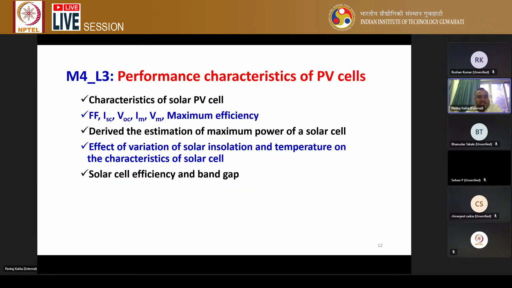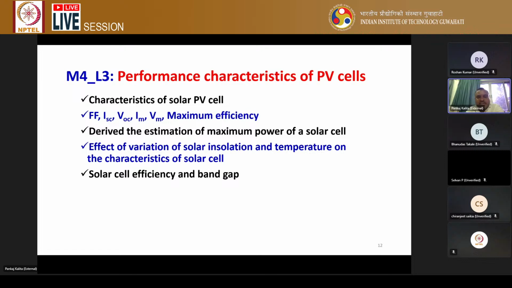And in lecture 3 of module 4, performance characteristics of PV cells are discussed. That means the importance of fill factor, short circuit current, open circuit voltage, maximum current, maximum voltage, and how we can define maximum efficiency, and also other important parameters which give an idea of the design of a good solar cell.